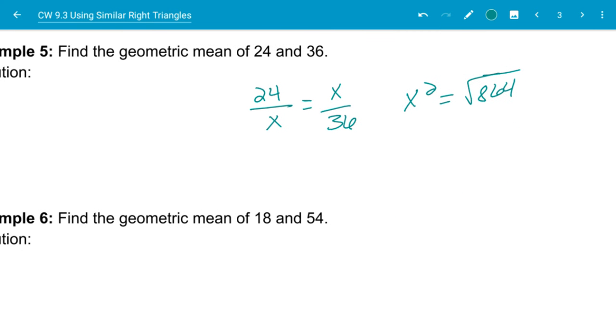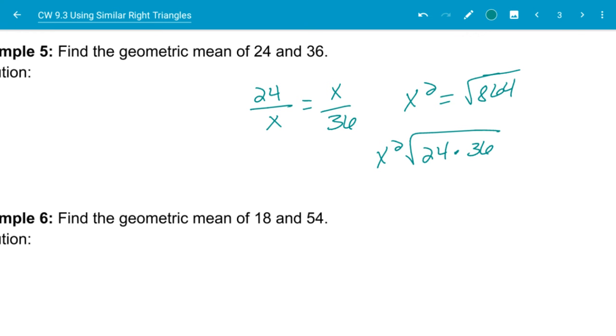But one thing that I could do to simplify this a little bit is go back, I have 24 times 36. And the question is, do I have any perfect squares or any common numbers in 24 and 36?